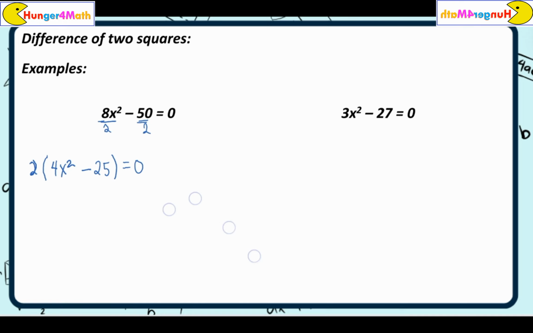So let's write 2 and 2 parentheses. The first is plus and the next is minus. Then let's take the square root of 4x squared, that is 2x for both parentheses, and the square root of 25 is 5.